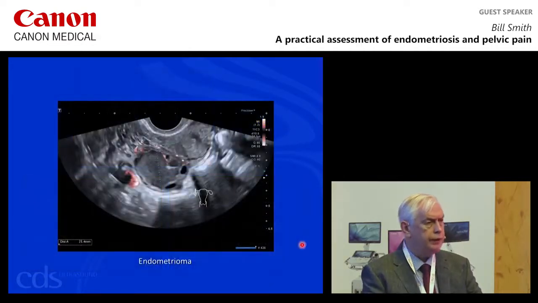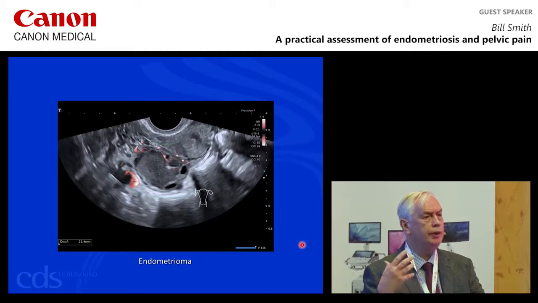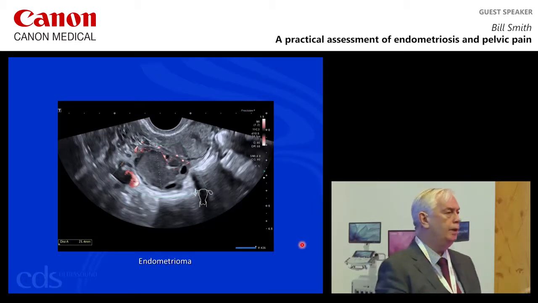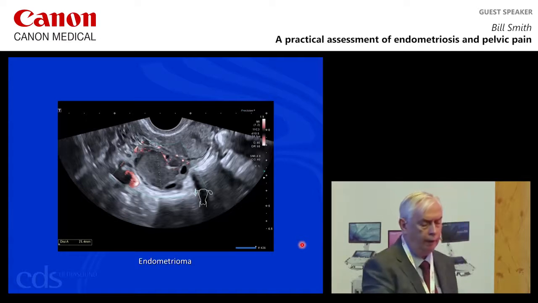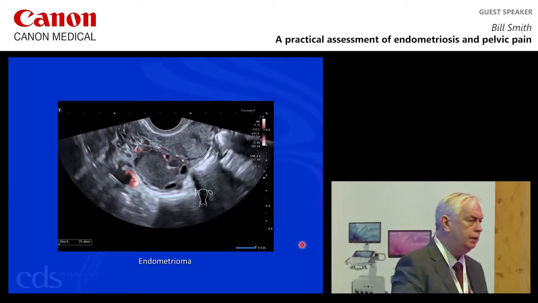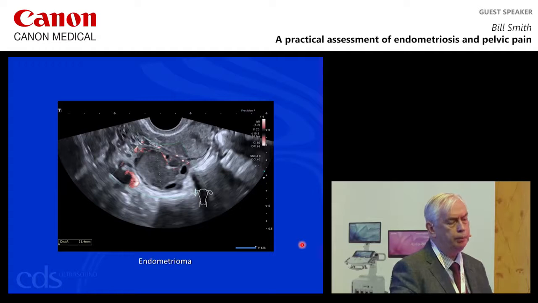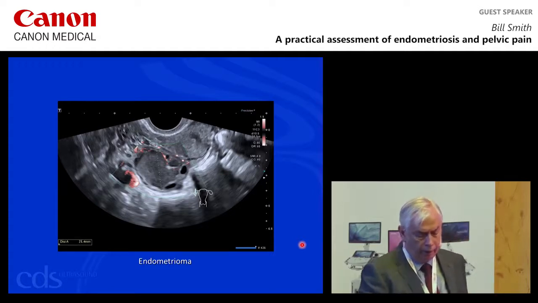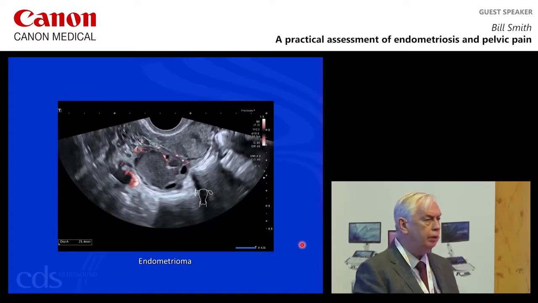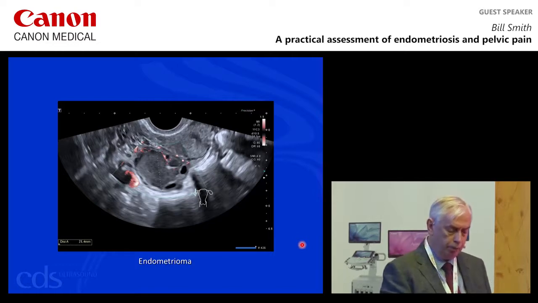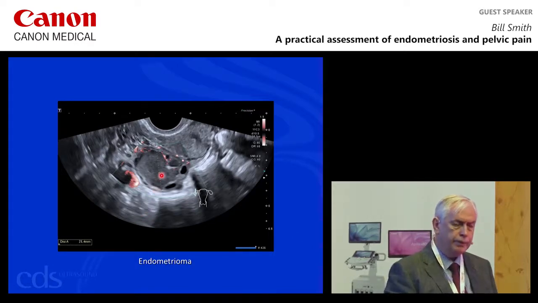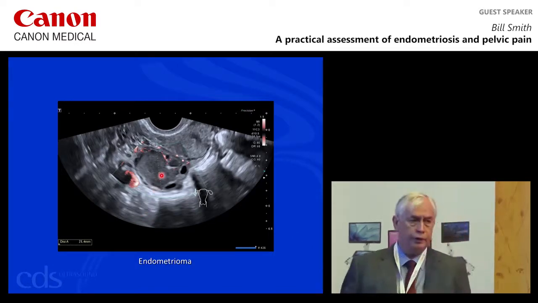But as I said, we need to find ways of making sure that we are dealing with endometriotic cysts. The thing with gynecological disease, particularly involving the ovary, is that one pathology can mimic another, which can mimic another. If we look at the typical appearances of an endometrioma in ultrasound terms, they do tend to be relatively avascular.